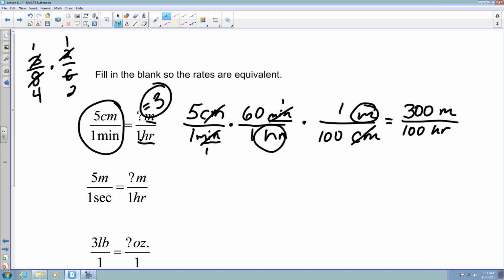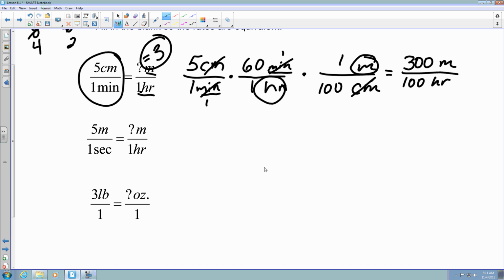Okay. Next thing we look at is 5 meters per 1 second equals some meters per 1 hour. Well, here I have meters on the top and meters on the top, so I don't have to do any conversion with that. All I have to do is convert it from seconds to hours. So, same thing, 5 meters per 1 second.